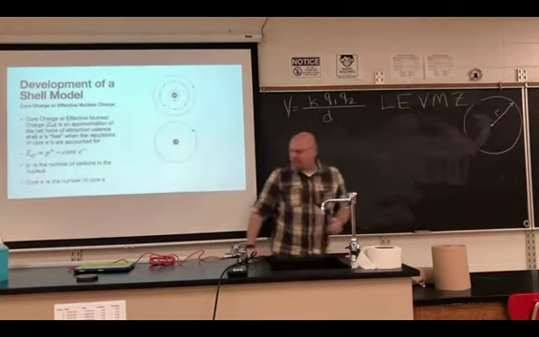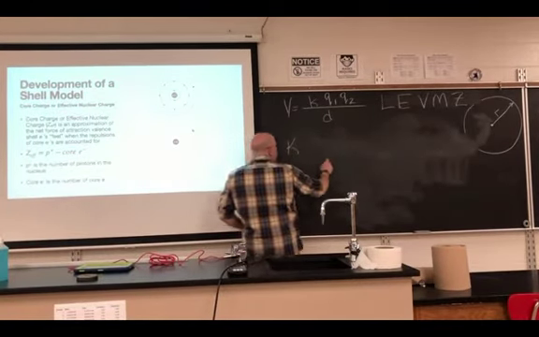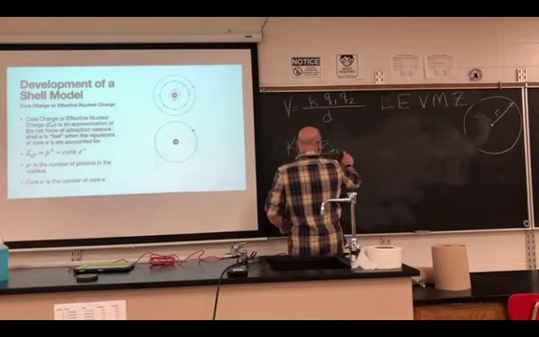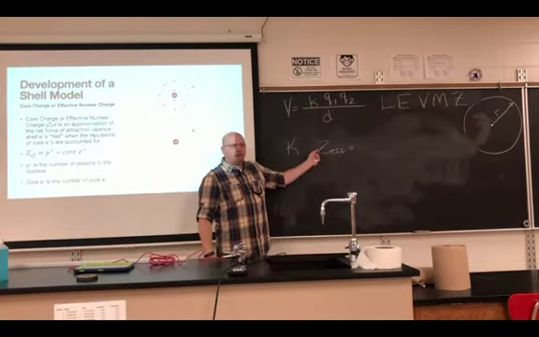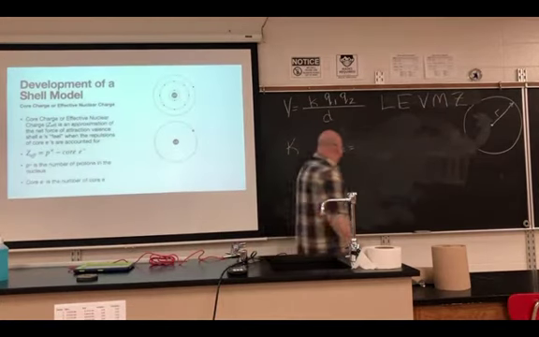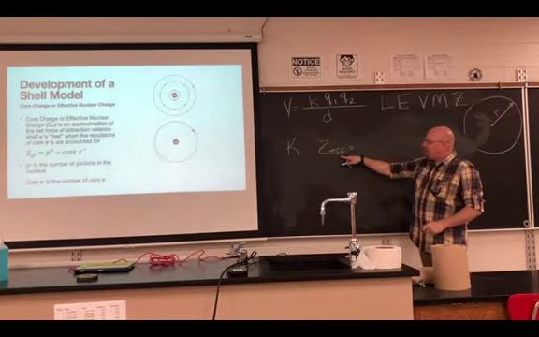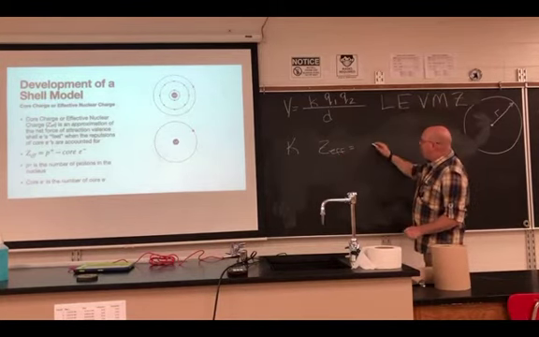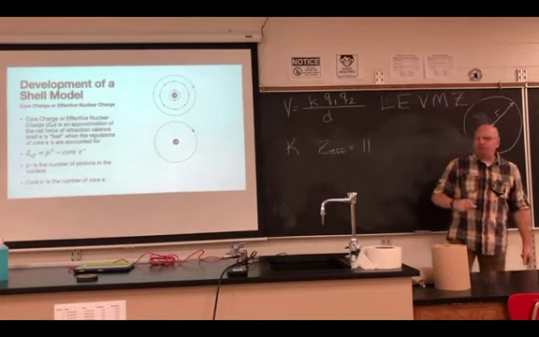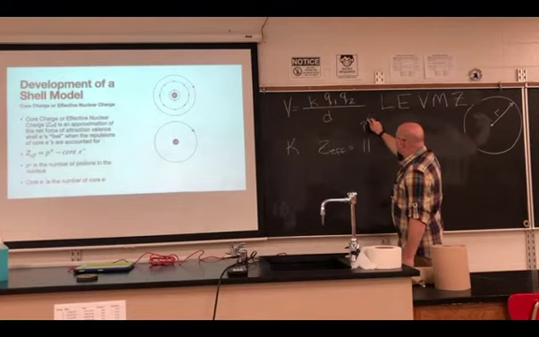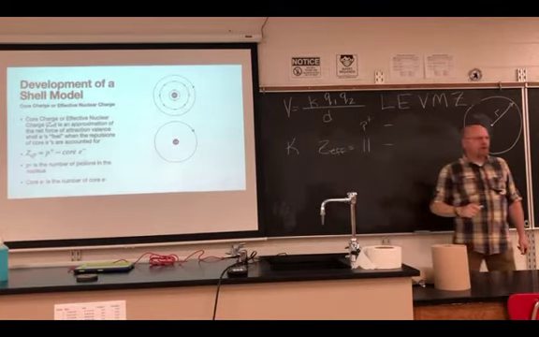So for potassium, is this big enough for you people all the way in the back? Okay. So my effective nuclear charge for sodium would equal 11, because that's the number of protons, minus the number of core electrons.